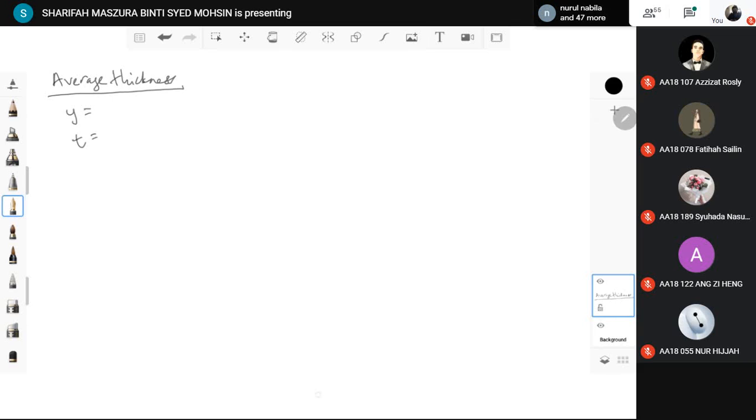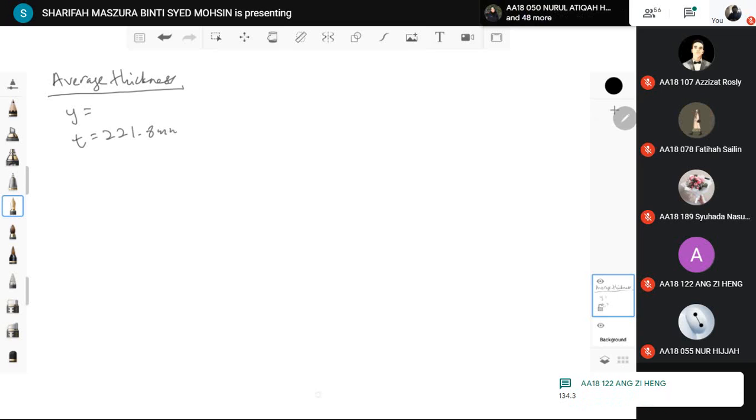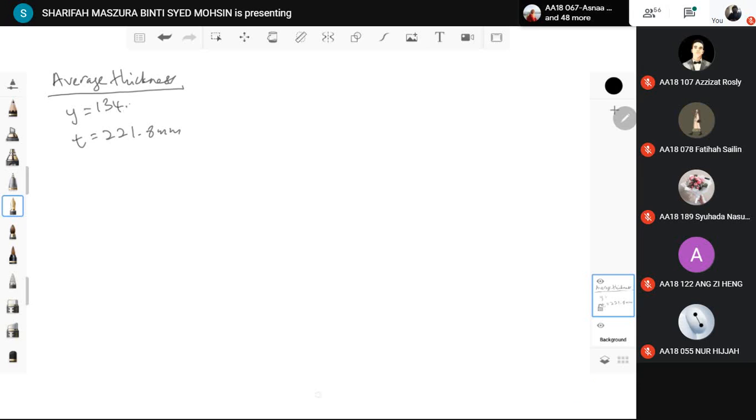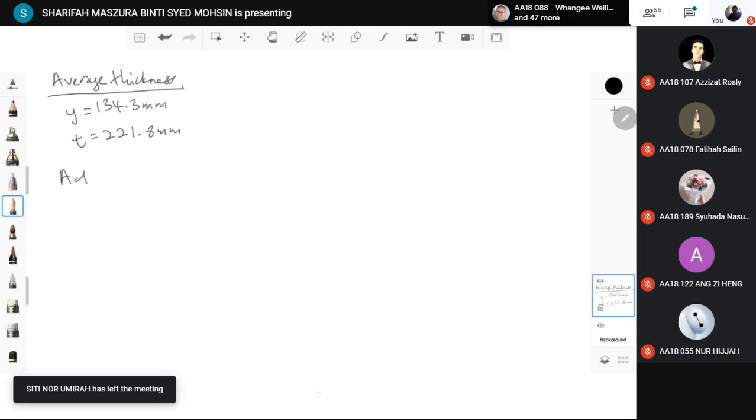What do you get for previous calculation for Y value? I cannot remember. This is 221.8 mm. So 134.3 mm. It's basically similar to previous calculation. And then for action, we have both for flight.